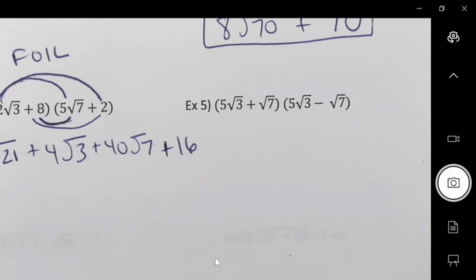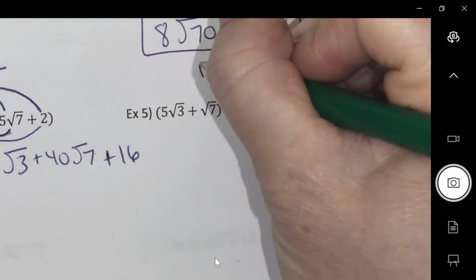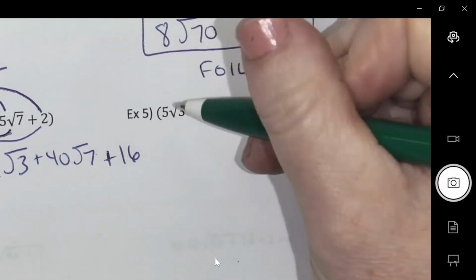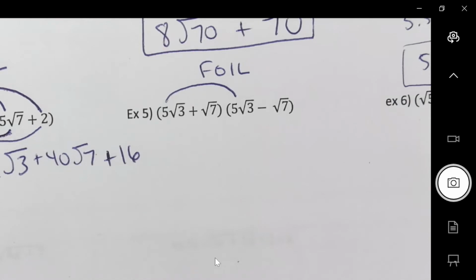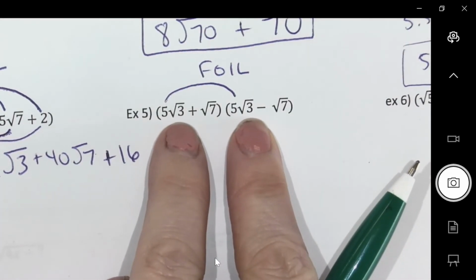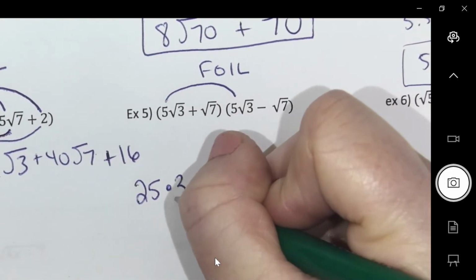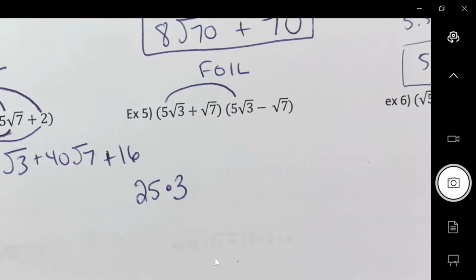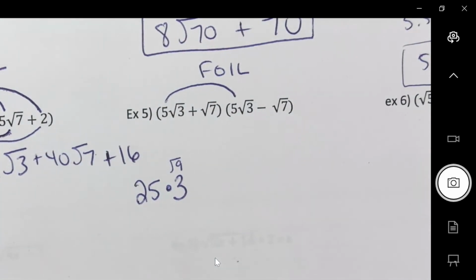Okay, number 5, we're going to FOIL. Okay, so first times first makes 25 root 9. And some of you might already be thinking ahead to just 3.